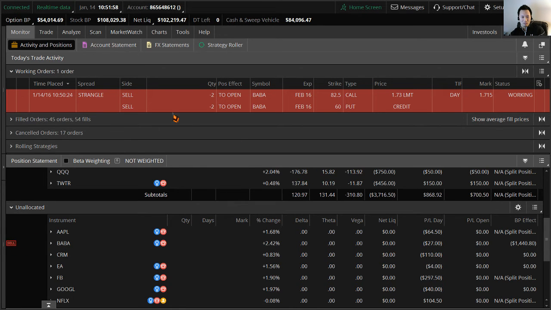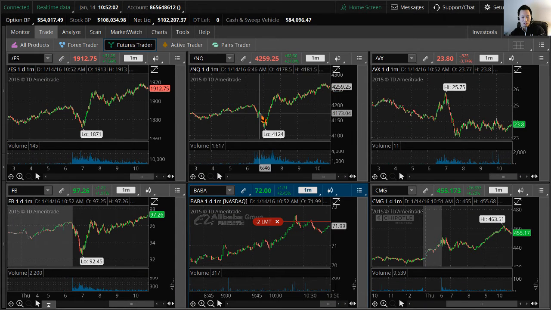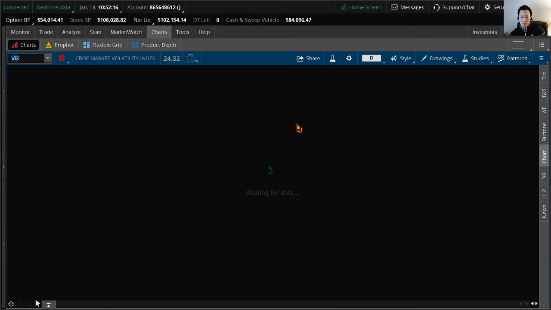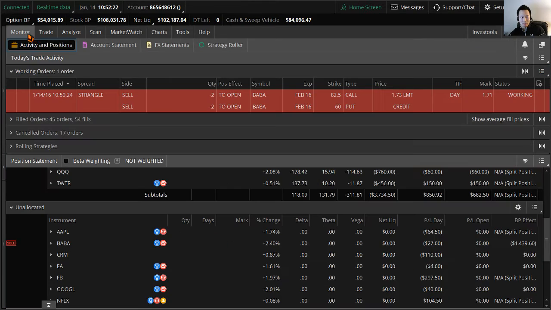And if the market does settle a little bit... look at the volatility now, it's dropped, right? This morning it was up here, and this is the VIX futures. Volatility dropped and settled now. If it doesn't go any higher than here, and even goes a little lower, this will profit over the next 2 weeks.